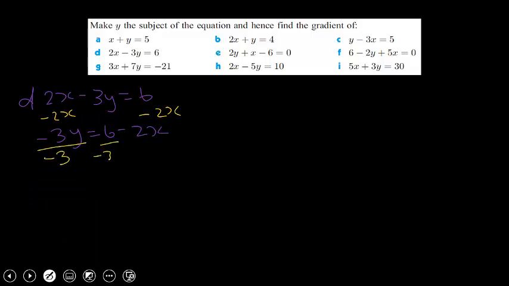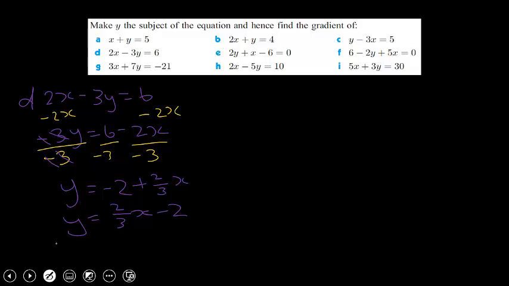Every term gets divided by minus 3. This cancels with that cancels with that, so I have y equals plus divided by minus is minus. 6 divided by 3 is 2, and then minus divided by minus is plus 2 over 3x. Swap it around, y equals 2 over 3x minus 2.